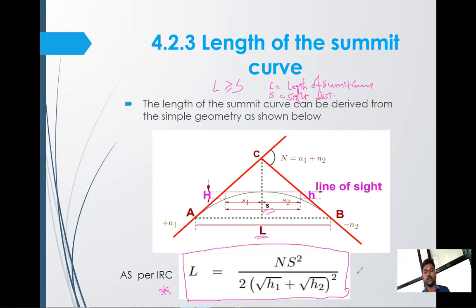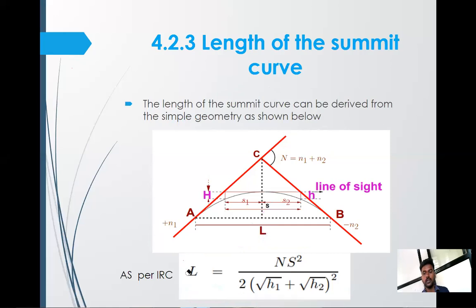This is a very important formula. This is for the first condition, when L is greater than S.